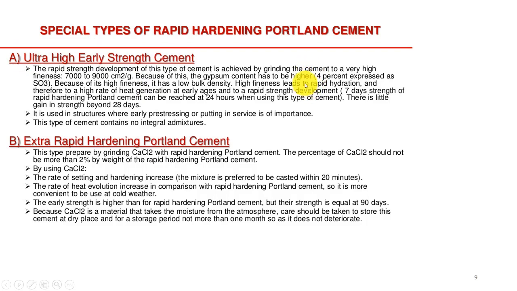So you can play around with the different chemistry and the particle size of the constituents if you require ultra high strength cement, or extra rapid hardening cement, or early setting cement.